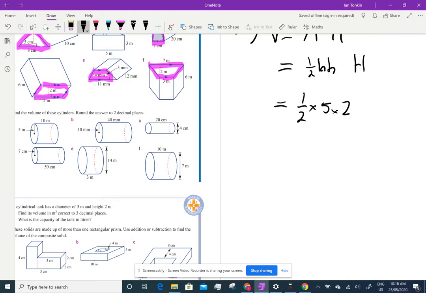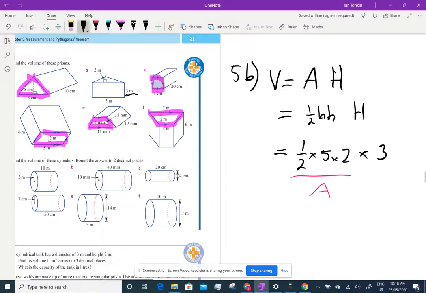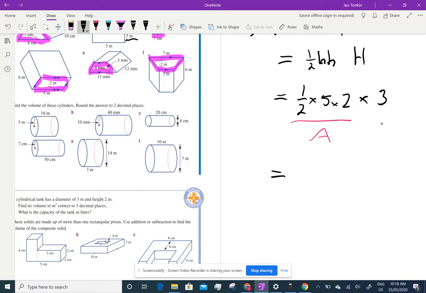Now that's the area. The height of the prism, and they've actually done it this way, is this 3 here. So times by 3. I can do that quickly in my head, and that's going to be 15.